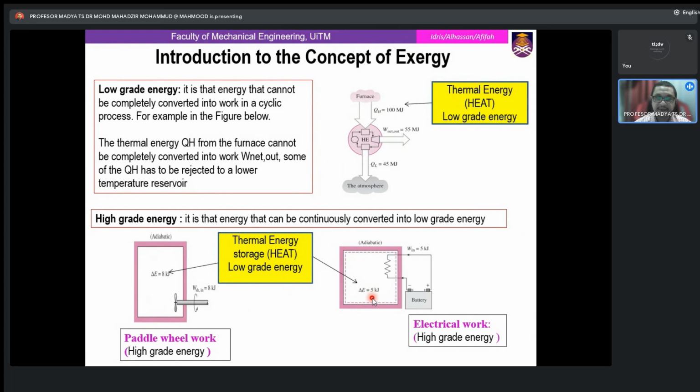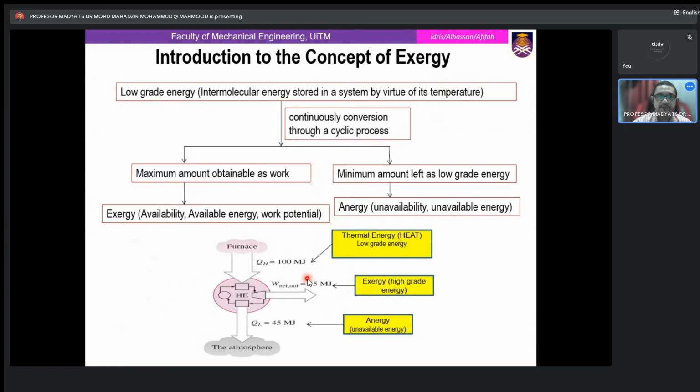So the thermal energy storage here, heat here, can continuously be converted into a low grade energy. That is the introduction, or the meaning, of low grade energy and high grade energy.